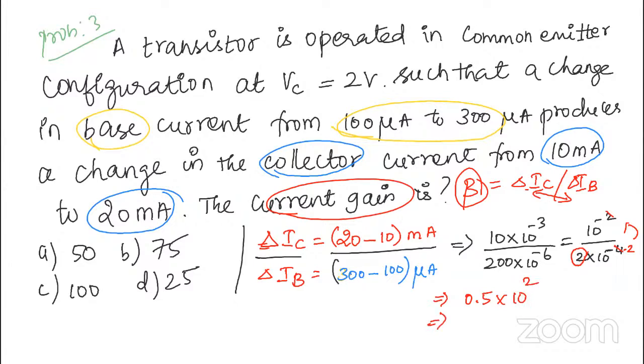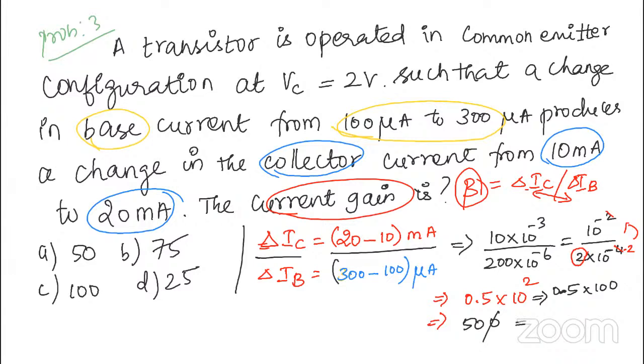Okay, right? Then the 10 power of 2, what can we write? We can write 100. So 0.5 into 100. So if you multiply, we are getting, place the decimal and cancel, it is 50.